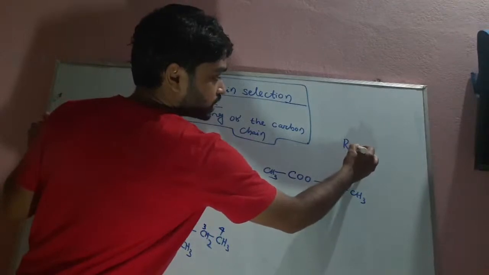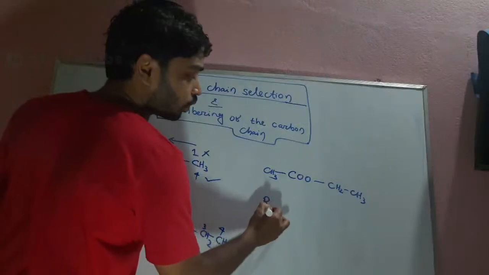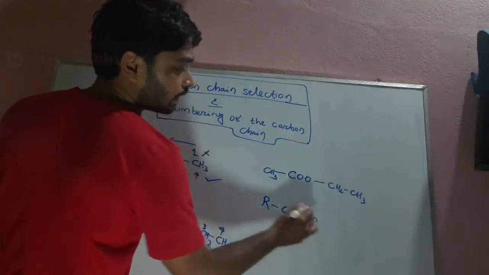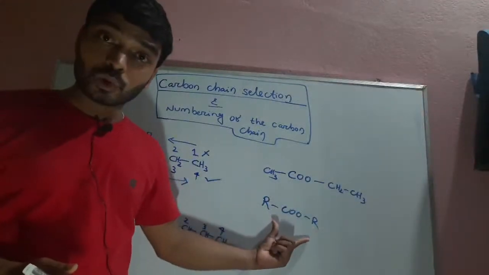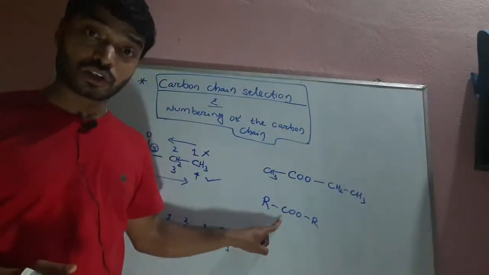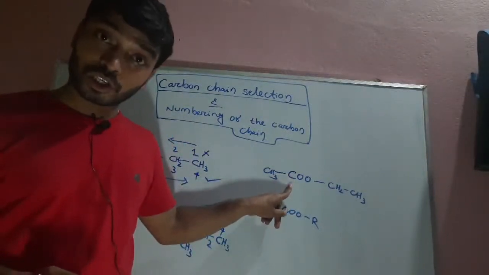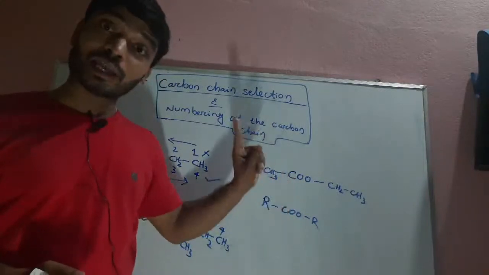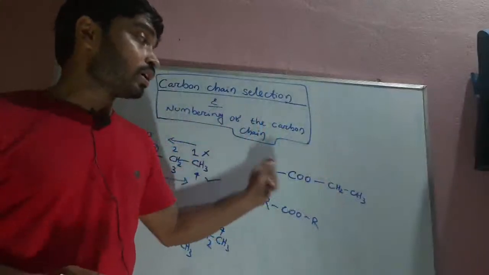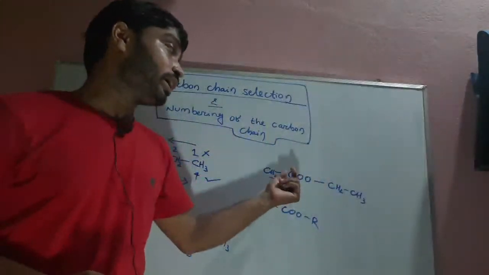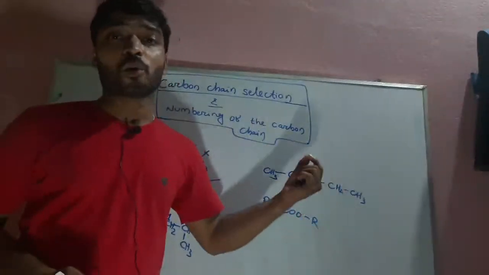So the ester has the general formula RCOOR. If the carbon number or the n value in the alkyl group in case of ester varies, then the carbon atom of the ester, or the carbon atom of the functional group or divalent functional group, will be calculated on the side in which the alkyl group contains the maximum number of carbon atoms.